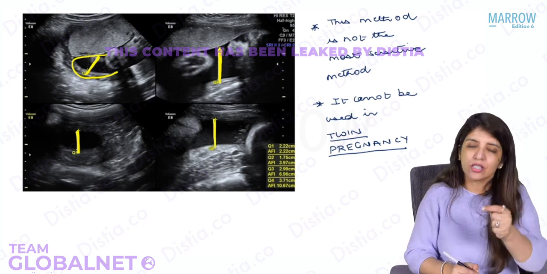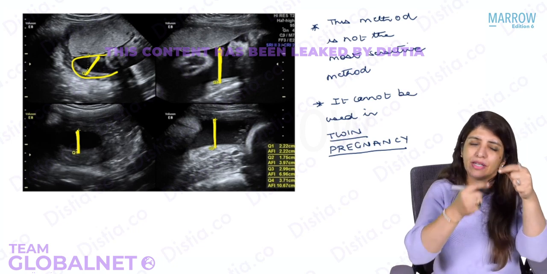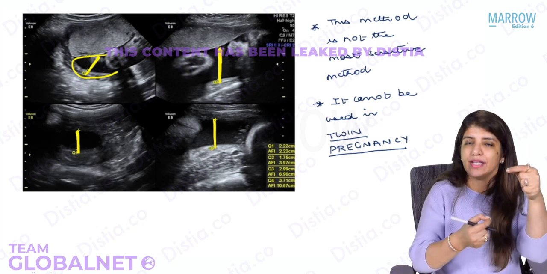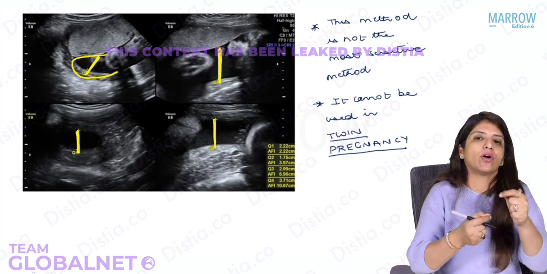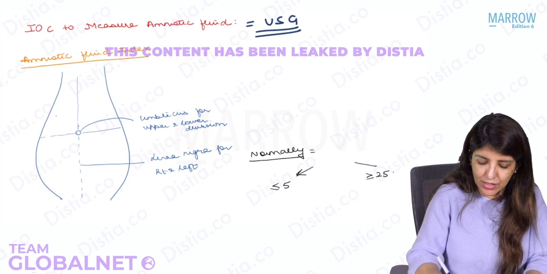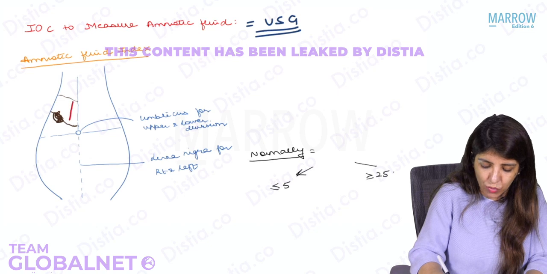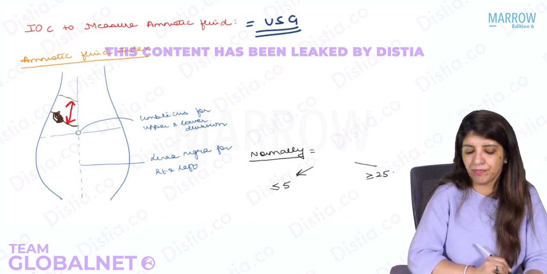So the largest diameter of the amniotic fluid, the largest length which you can measure in that particular pocket, you are going to take it. For example, over here, suppose these are the various organs, right? And amniotic fluid is visible in this part, right? So I am going to measure the largest vertical diameter like this, right?